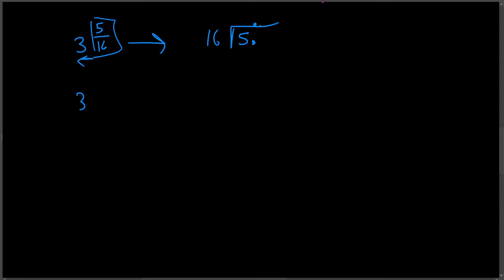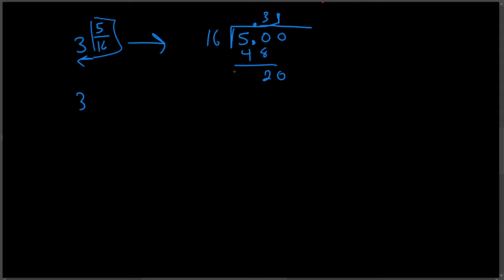So I'll keep my decimal place, and I'll get zeros as I need them. So 16 goes into 50 3 times. 3 times 16 is 48. So I get 2. I'll bring down a 0, because I can always keep bringing down zeros until I run out or I see something that repeats.